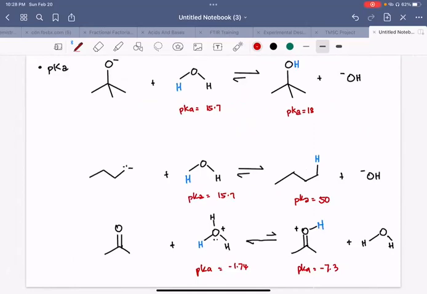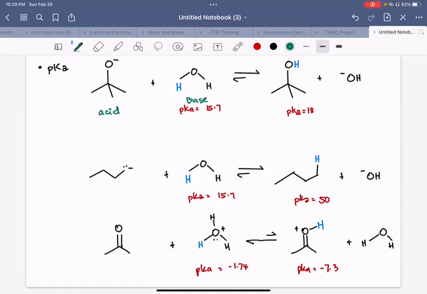So in acid-base reactions, normally the position of equilibrium would always favor the weaker acid or weaker base. Okay, so in a typical acid-base reaction, you have an acid and you have a base.